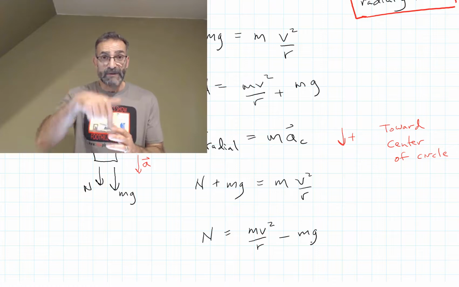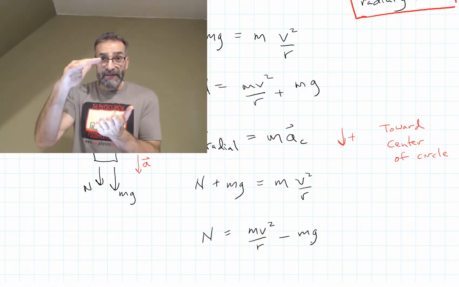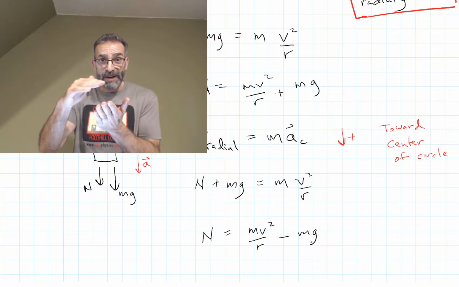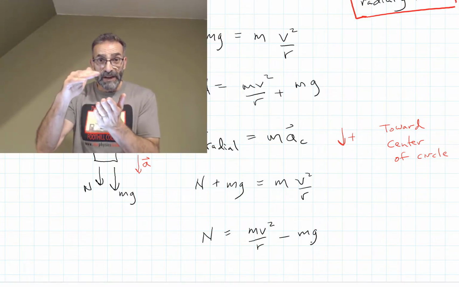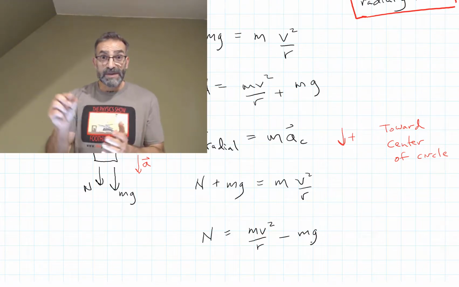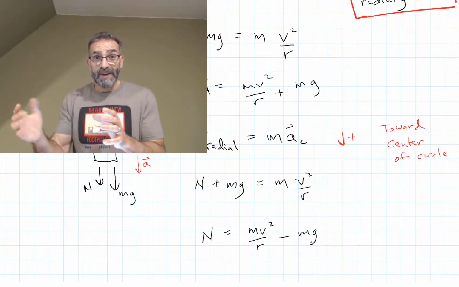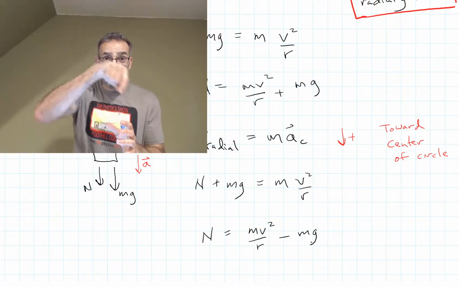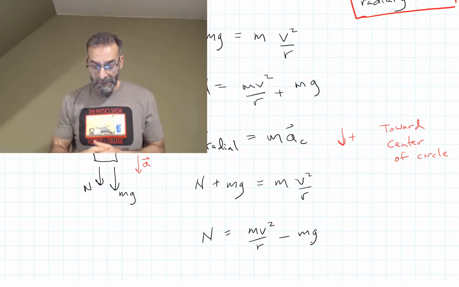Gravity is providing a lot of the force required to keep it moving in a circle. And if we make our velocity a little bit smaller, what happens? Eventually, we can make our velocity small enough that our normal force goes to zero. So gravity is providing all the force needed to keep our car moving in a circular path.